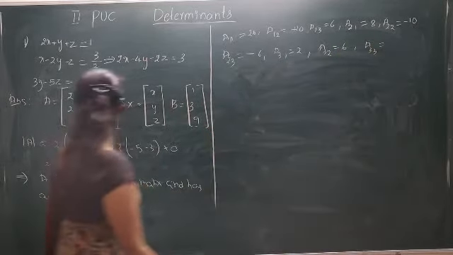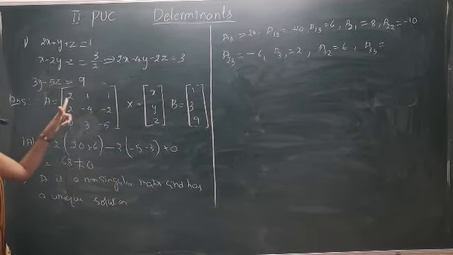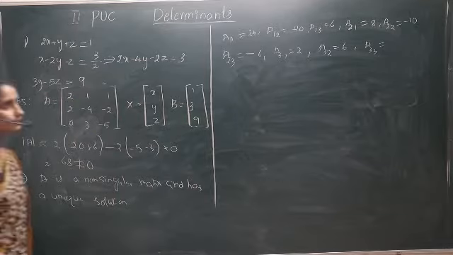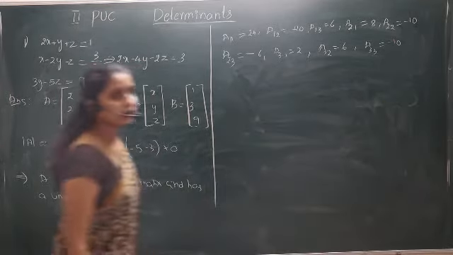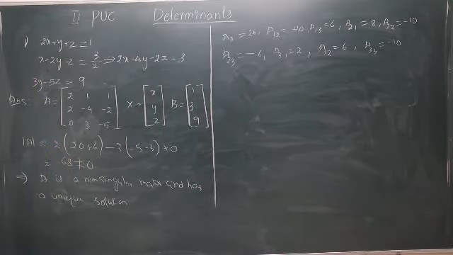After deleting row and column 3, for A33 we get minus 8 minus 2, which is minus 10. So we have the elements. I'll check once. First A11 is 26, A12 is 10, then 6, then 8, minus 10, minus 6, 2, 6 and minus 10.